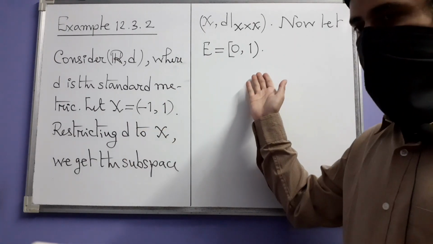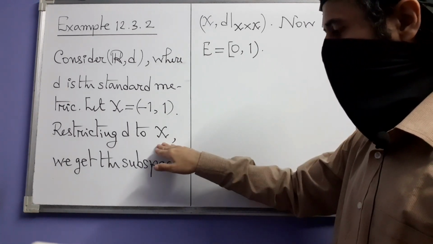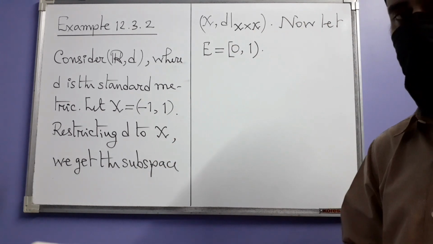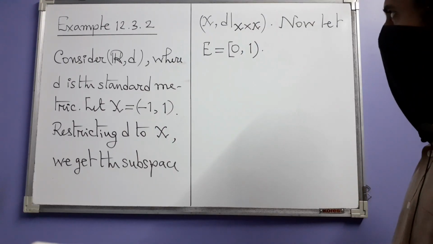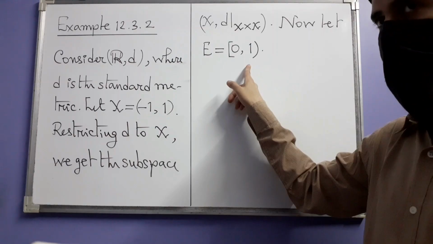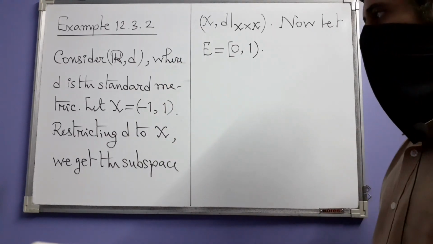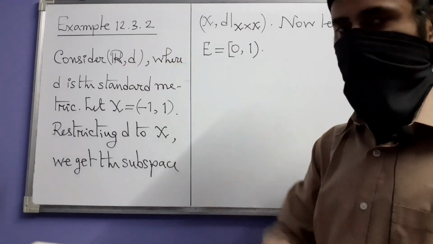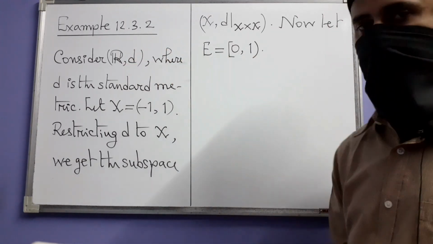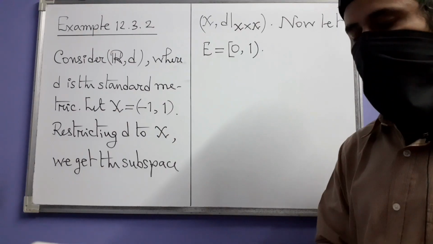So just like the previous example, here also if we restrict the metric D to X, then we get this subspace. And then we consider the subset E, which is this half-open interval [0, 1), a subset of X. It's obviously a subset of X, and because X is a subset of R, this is also a subset of R. So similar questions arise here also.